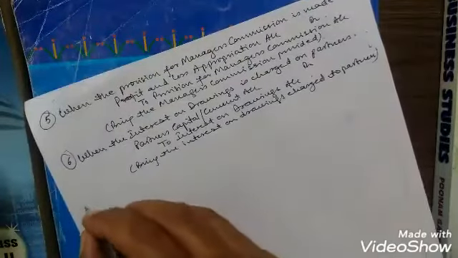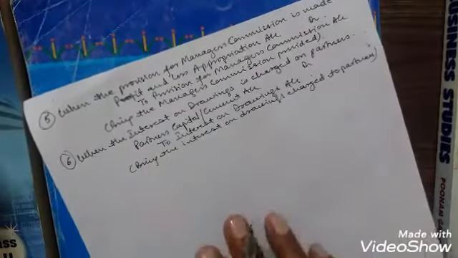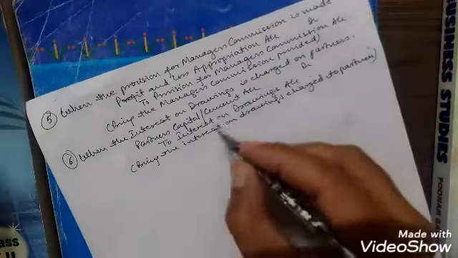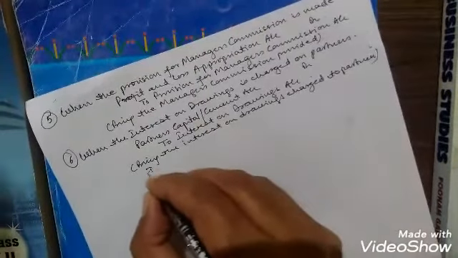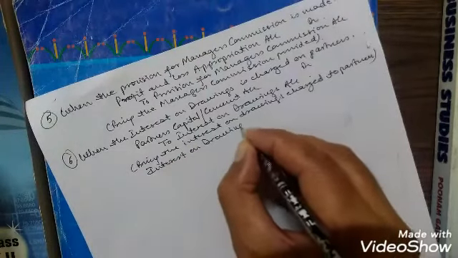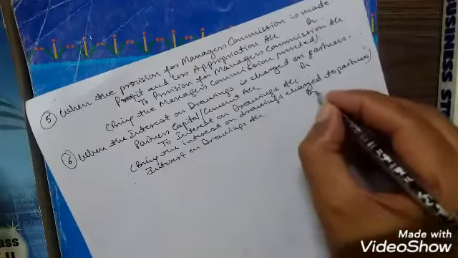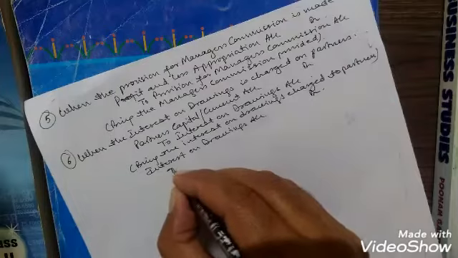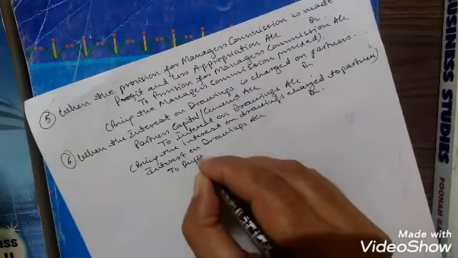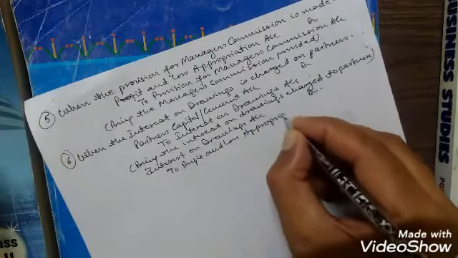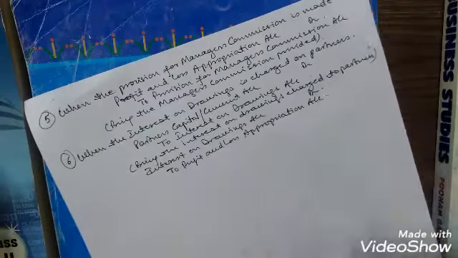Then this interest on drawing account, this income account will be closed by transferring it to profit and loss appropriation account. Here it was credited, it will be debited. Interest on drawings account debit to profit and loss appropriation account.